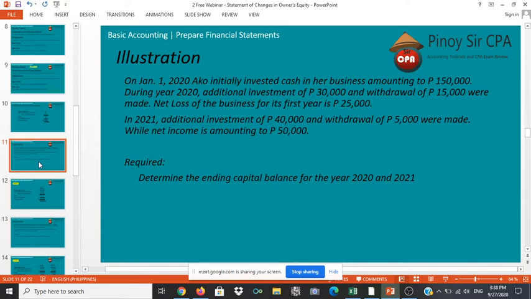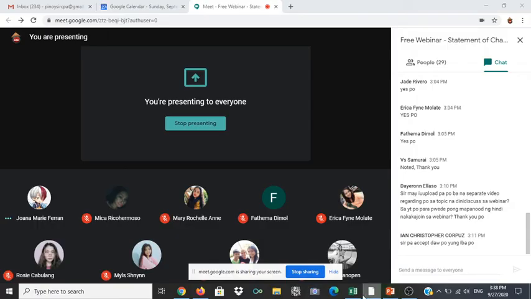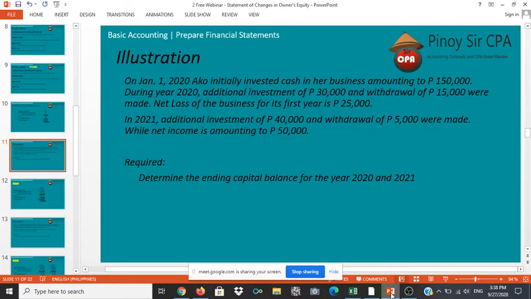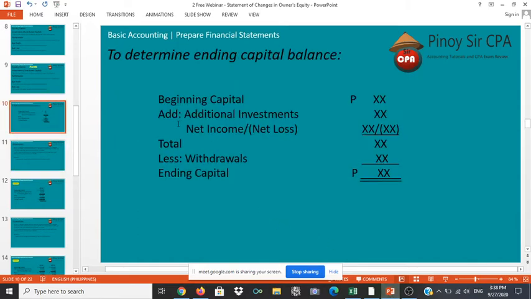Kaya bang gawin yon? Natandaan ba yung formula natin? Balik lang tayo. Okay? So beginning capital, this is the initial investment of course to start up the business.